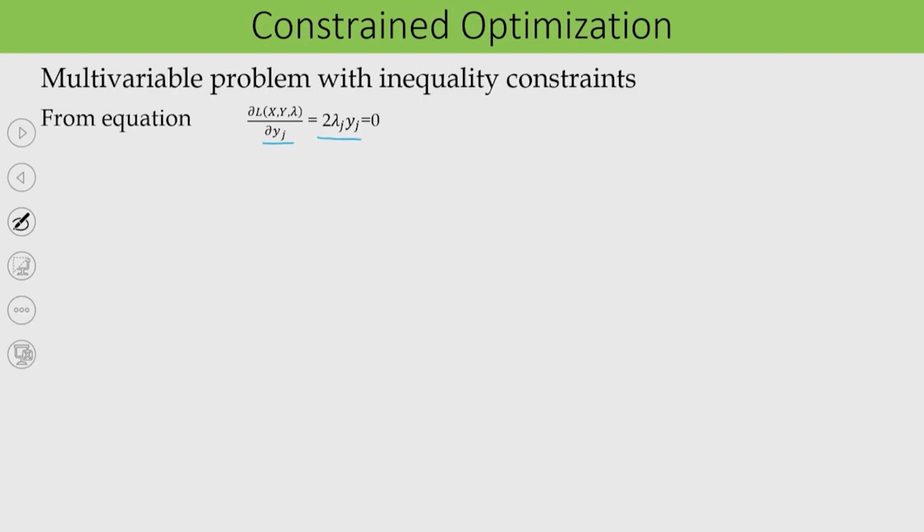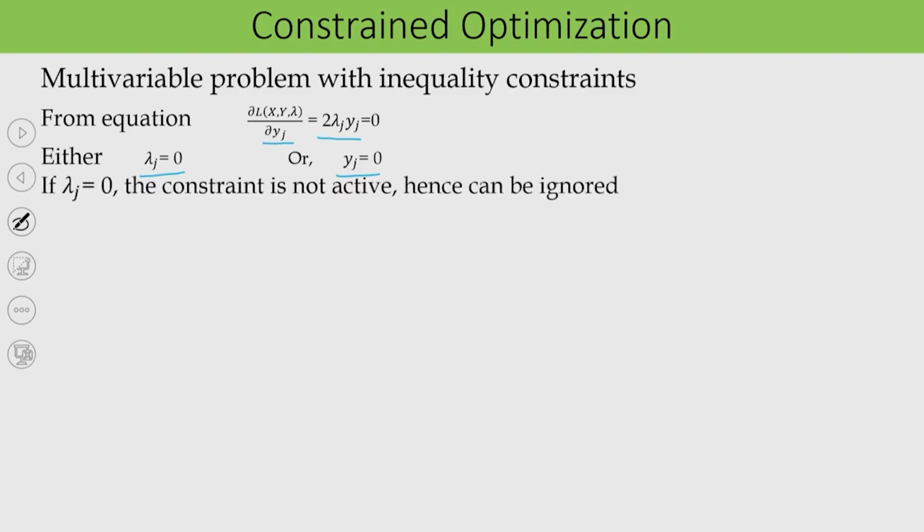So, from this equation, either lambda_j equal to 0, or y_j equal to 0. What does it mean? If lambda_j is 0, then twice lambda_j y_j equals 0. So we have two conditions: lambda_j can be 0 or y_j can be 0.